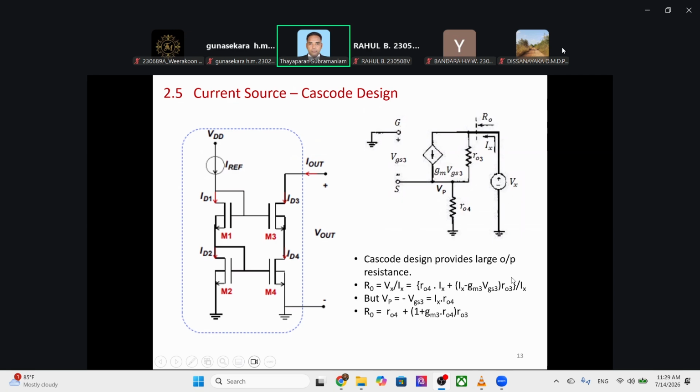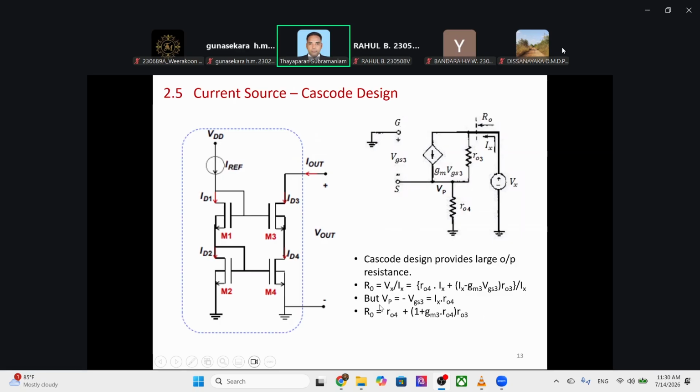R out 4 into Ix: the total current completely flows through this, because only here is it divided into two branches. So R out 4 times Ix is what we have here, and the potential across this is R out 3 times the current through R out 3, which is Ix minus gm times VGS3. And then we find Vx divided by Ix.